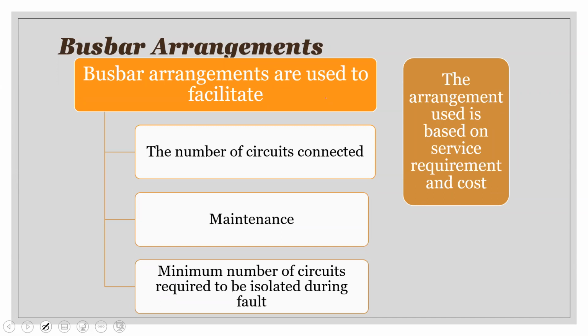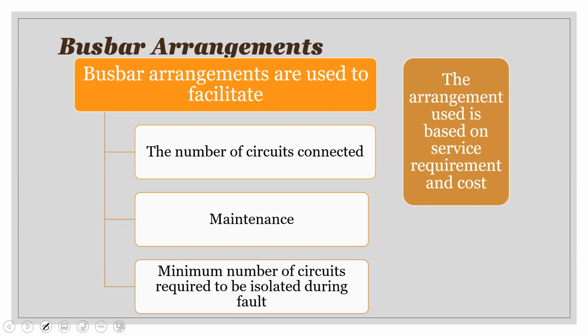So when you're doing a study on your substation, what you would establish is a grid point, which would be seen as your infinite bus. That would be your input to your substation. But generally speaking, we're talking about the number of distribution circuits when we talk about the number of circuits connected. The bus bar arrangement also speaks to maintenance.